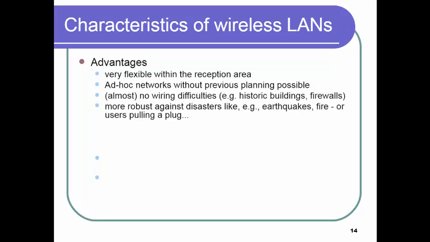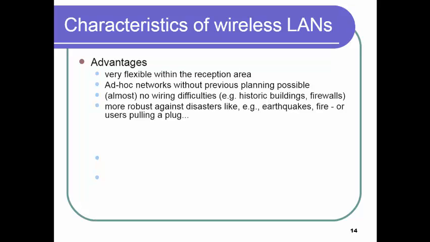Now we'll see the characteristics of wireless LAN. So the first, the advantages, it's very flexible within the reception area. Adapt networks without previous planning is possible. Then almost no wiring difficulties, for example historic building or firewalls.